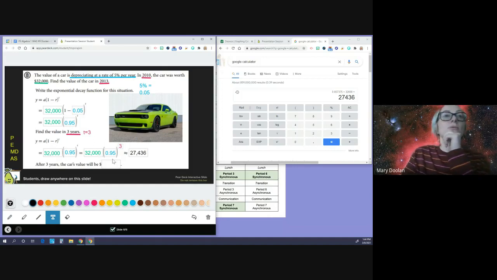Did I round when I took the third power of this? That's not exact. That's approximately equal to. I don't know why there's an approximately equal to sign here.